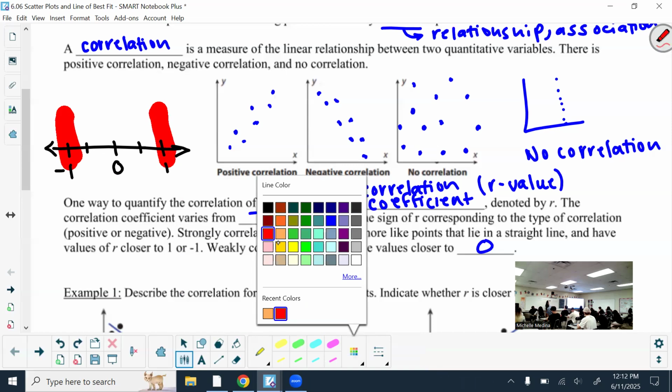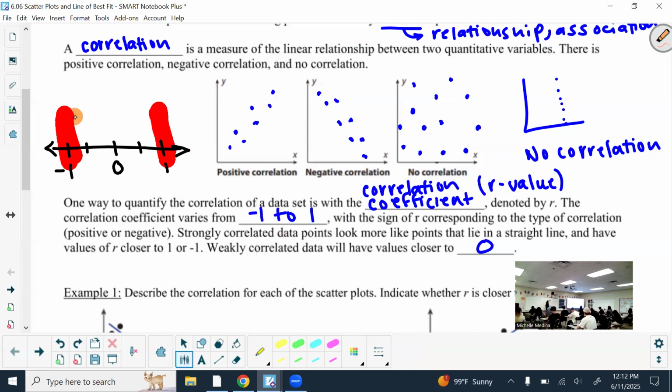Then the next strongest will be on the way there. The weakest would be in the middle, closer to 0. So that's what we mean by closer to 0, or 1 or -1, opposite directions. The weakest is in the middle, and the strongest is on the ends.